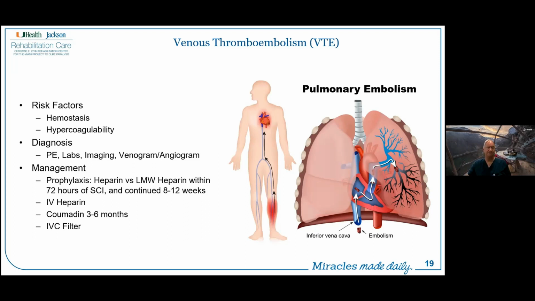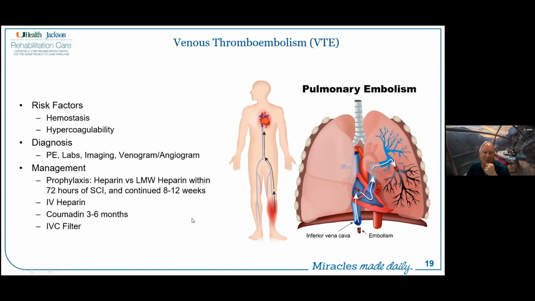Our folks acutely and chronically are at higher risk for venous thromboembolism, partly because of the hemostasis that I've already described. And yet in the early phases of acute spinal cord injury, they are also in a hypercoagulable state. And so we try to prevent venous thromboembolism by using low molecular weight heparin in particular.